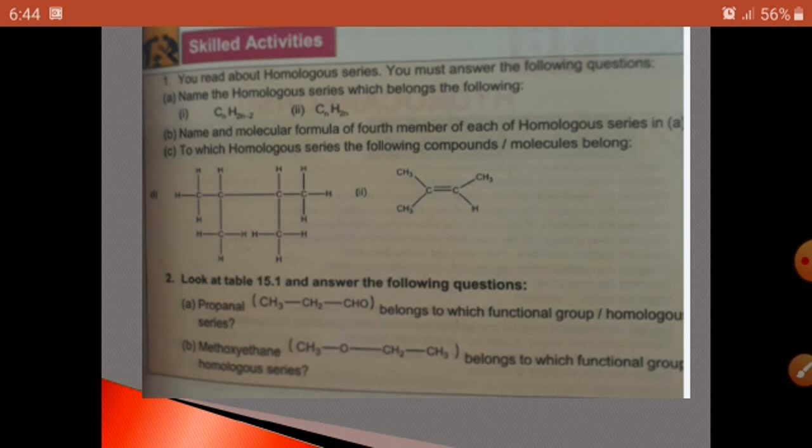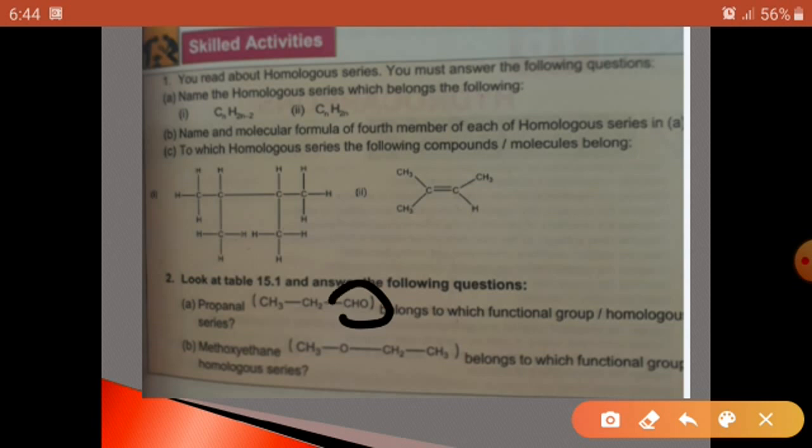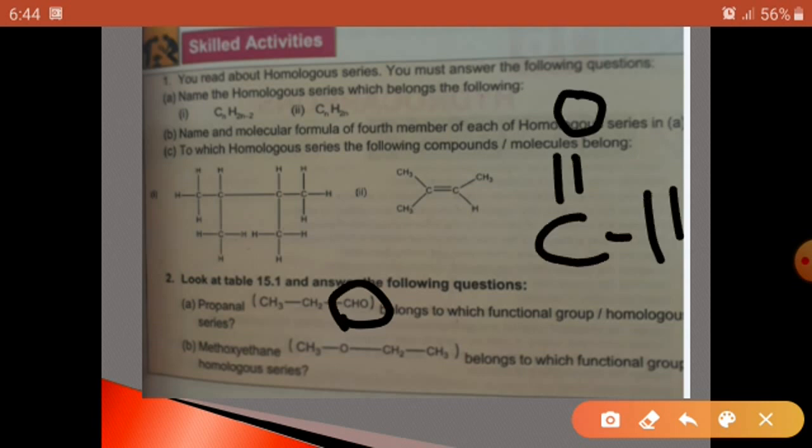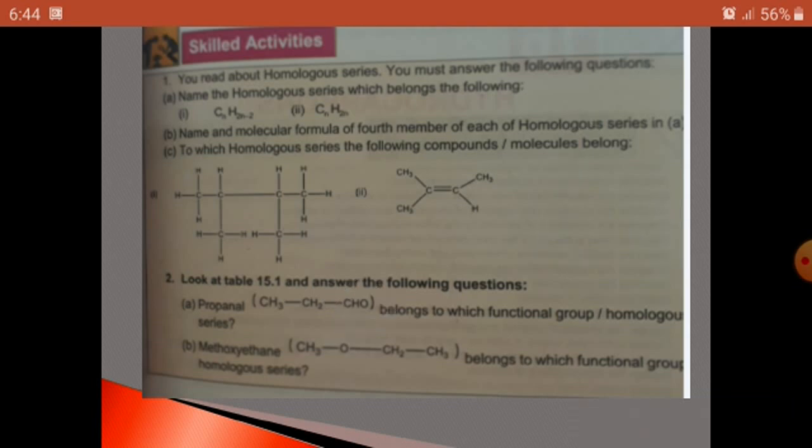Propanal, CHO. First see here, CHO represents which functional group? CHO means C double bond O, H. It represents the aldehydic functional group. So it belongs to the aldehyde series. 3 carbons are present, so its name is propanal.